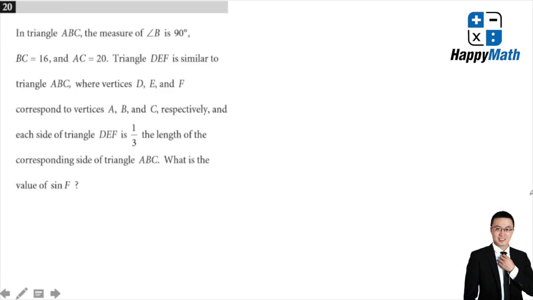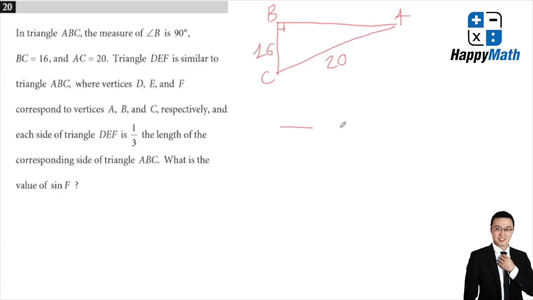20. In triangle ABC, the measure of B is 90 degrees, a right triangle. BC is 16, AC is 20. Okay, with B here, so A, B, and C. Triangle DEF corresponds to ABC.